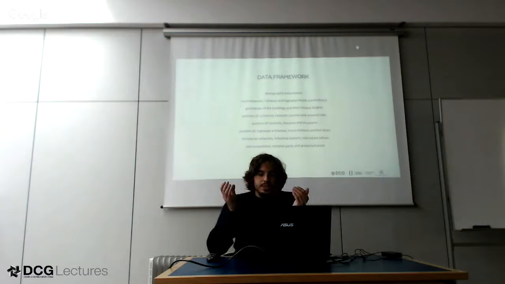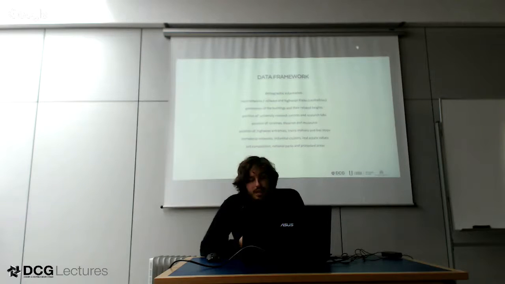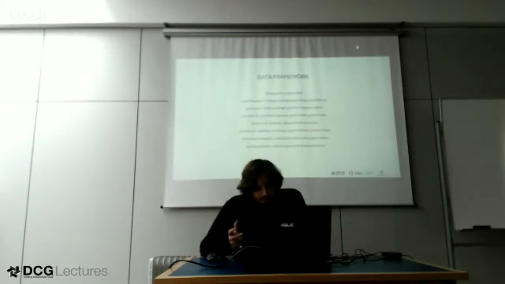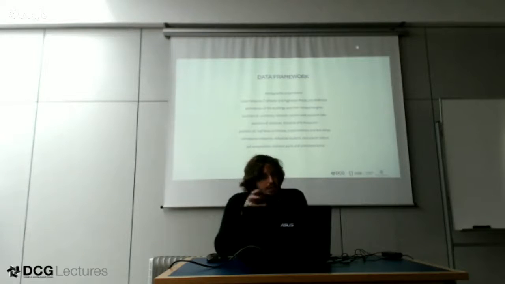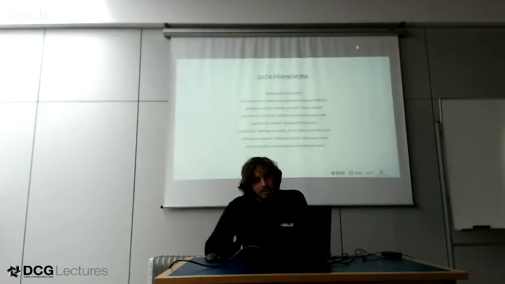We don't have much other information about businesses, buildings, the position of universities, research centers, startups, and the position of cinemas, theaters and museums, highway entrances, train stations, bus stops, and bus lines. Also what we call the immaterial network, the network between businesses that maybe are not grouped in big networks of relationships, industrial clusters and real estate values, soil composition, national parks, and protected areas.